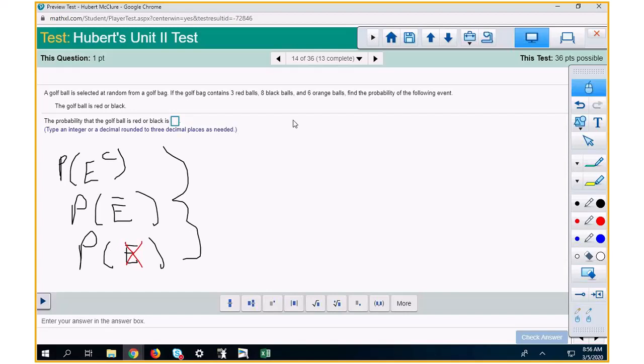All right, so what does OR mean? Additive law. Now, is it with replacement? Does it say with replacement? A golf ball is selected at random from a golf bag. Okay, it doesn't say.